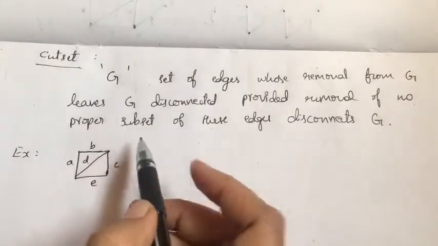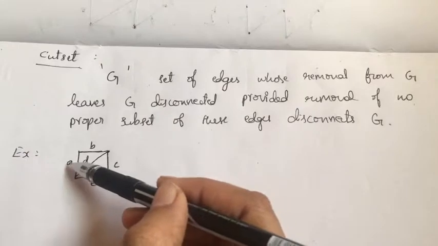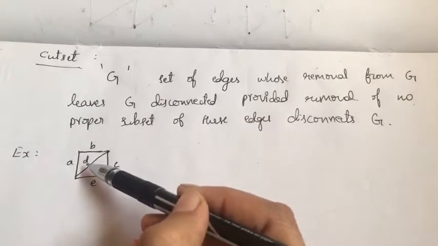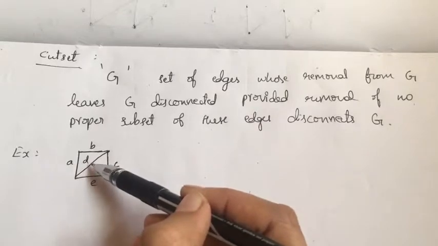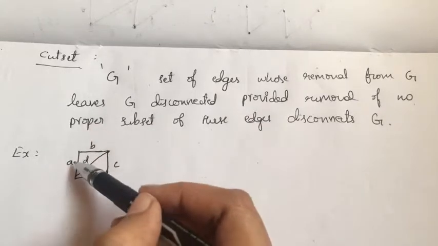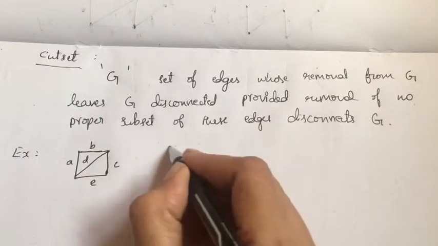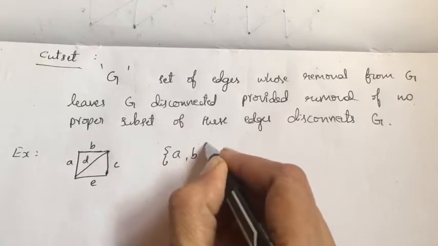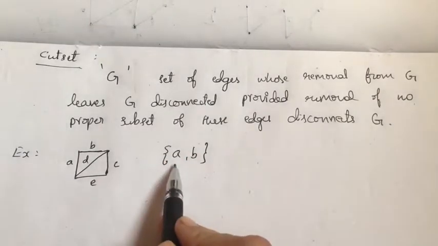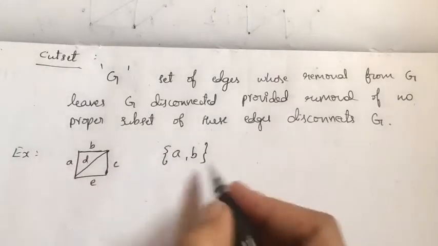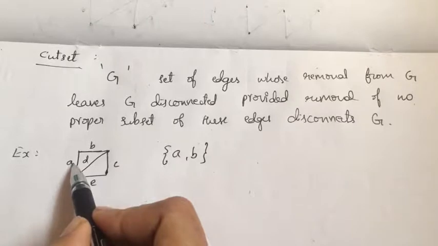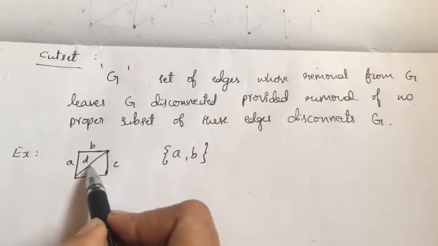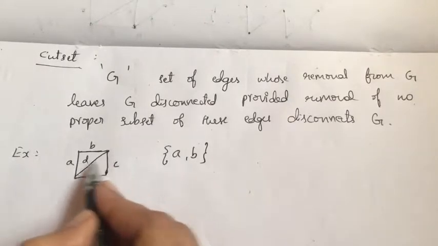So if I delete an edge A and an edge D, if I remove this, then will that disconnect the graph? No. If I remove A and B, yeah, of course. So this is one such set. This is also a cut set now, A, B, and if I consider A, D and C, A, D, C.